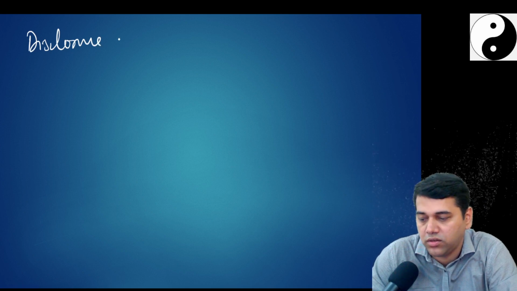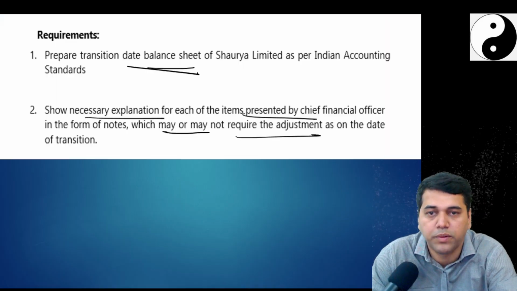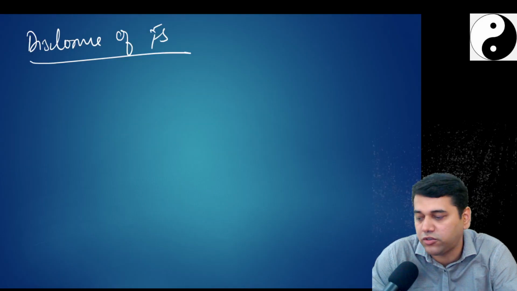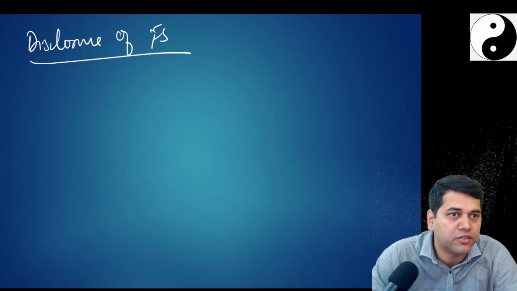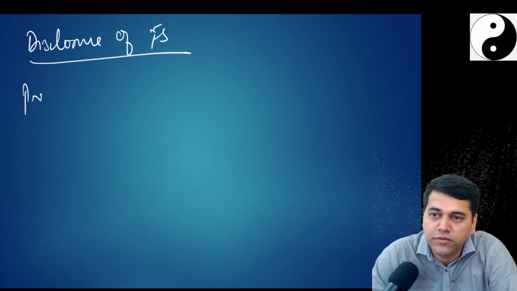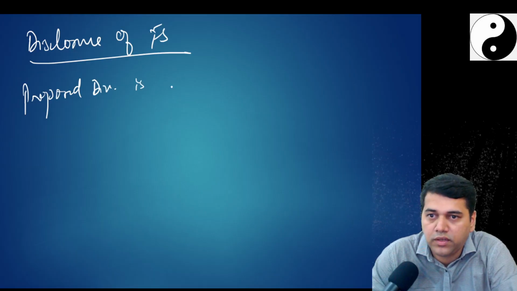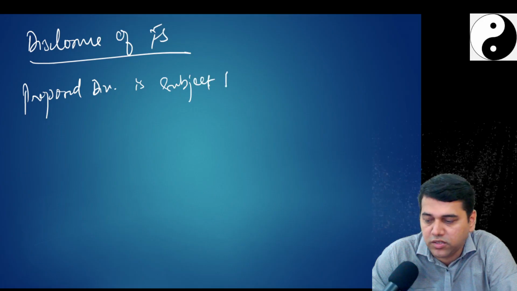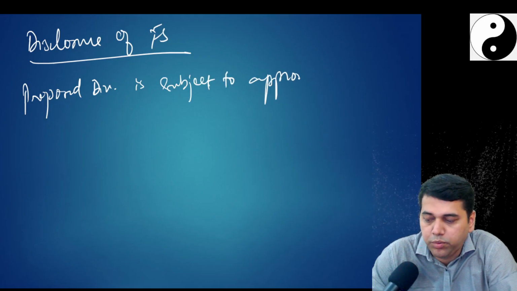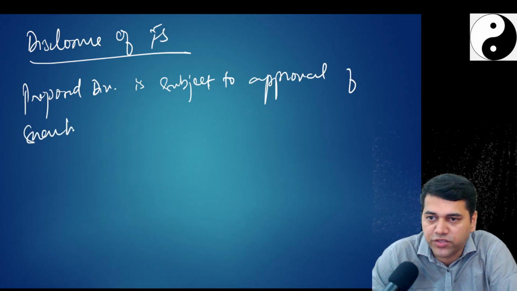First, disclosures of financial statement. You have to prepare the balance sheet as per Indian standard, no? So first you should give a disclosure there. In the notes to accounts, start first disclosure: proposed dividend is subject to approval of shareholders.